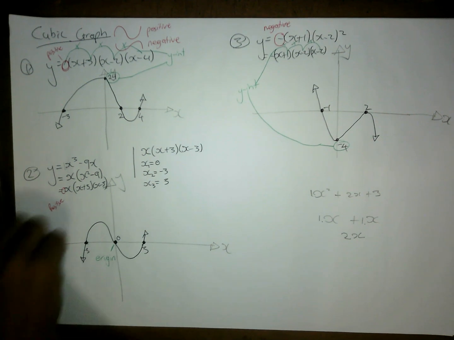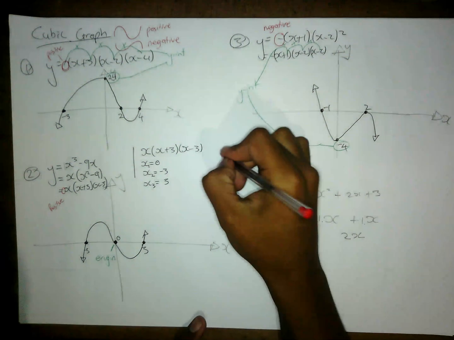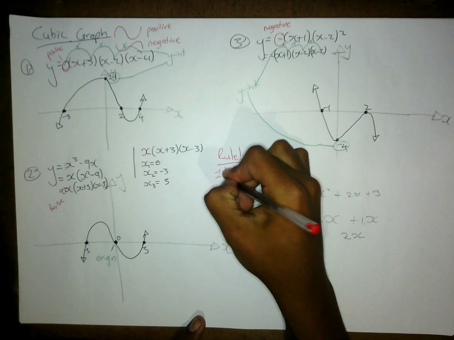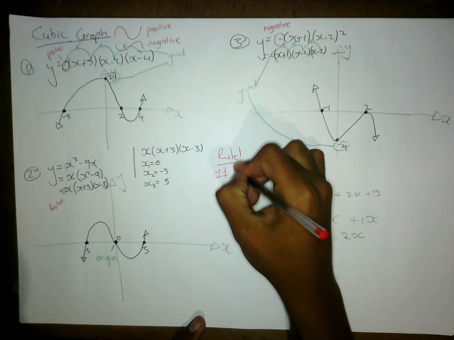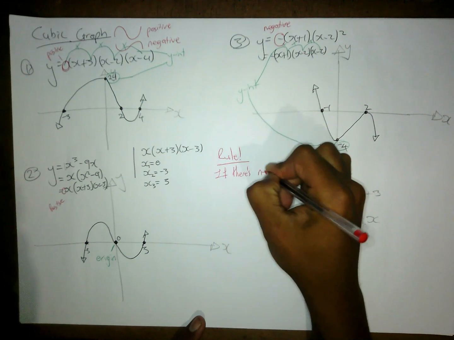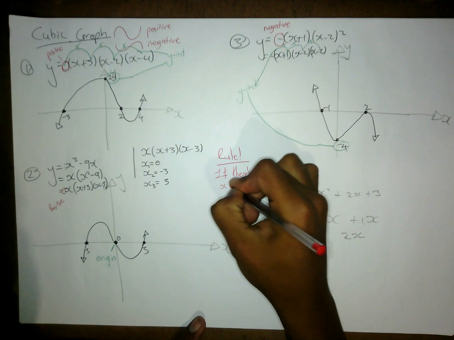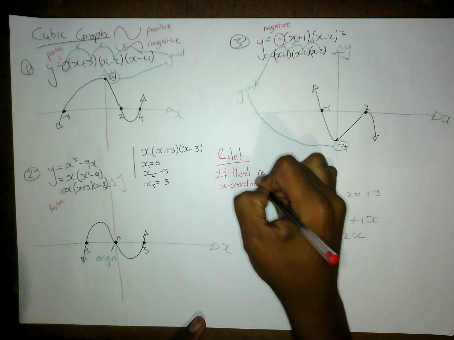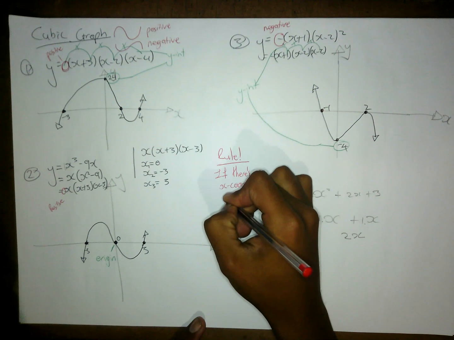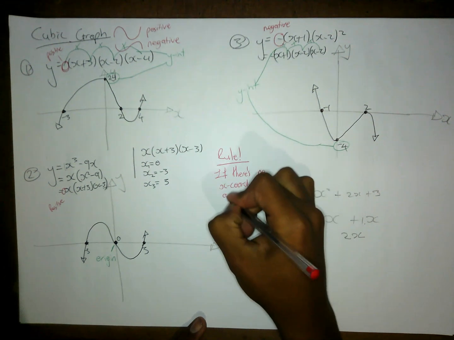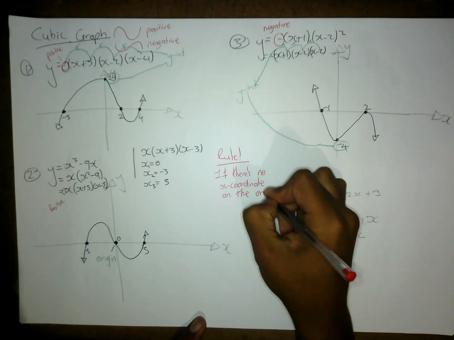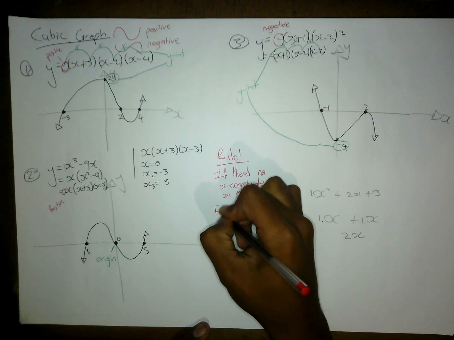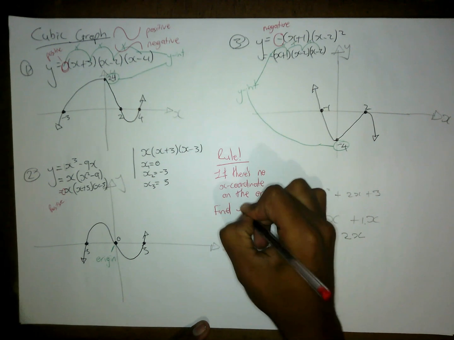So we can have a rule for this. We can say, if there's no x coordinate on the origin, find the y-intercept.